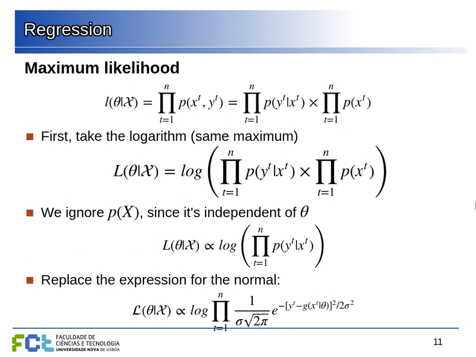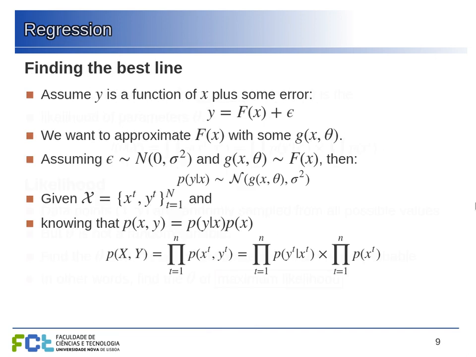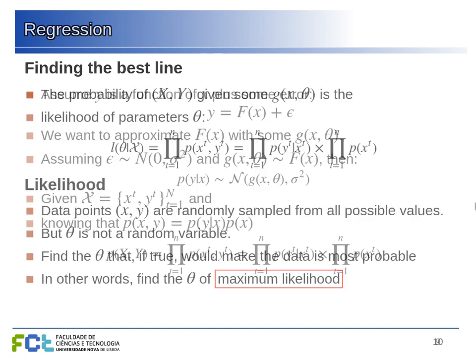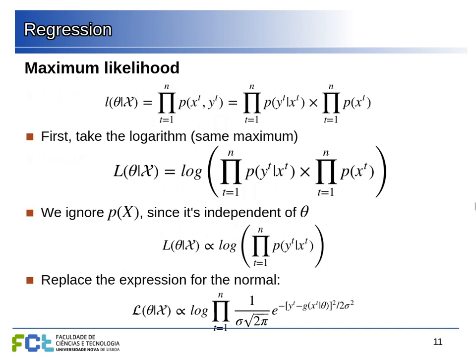We can go back here and we see that there are two components to this. So we have something that we are approximating with our g function, and then some error that is normally distributed and will affect the value that comes out given that x. So we can put that in here, and we replace this with the actual value that we're measuring minus the prediction from our function.